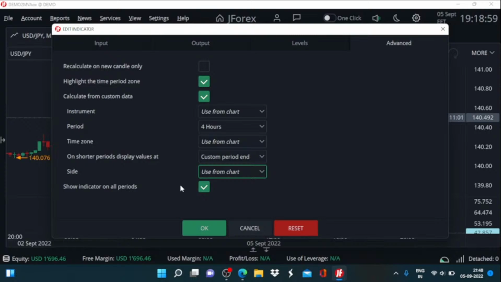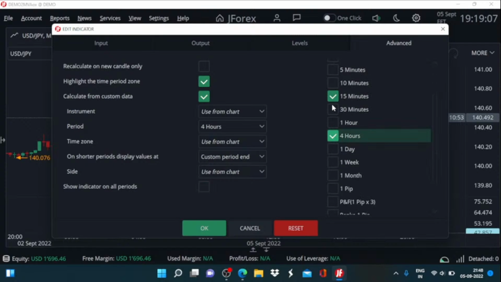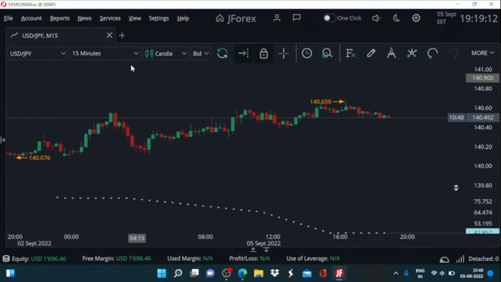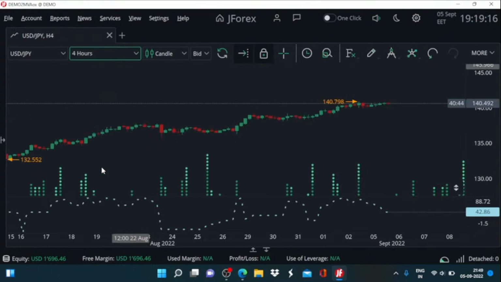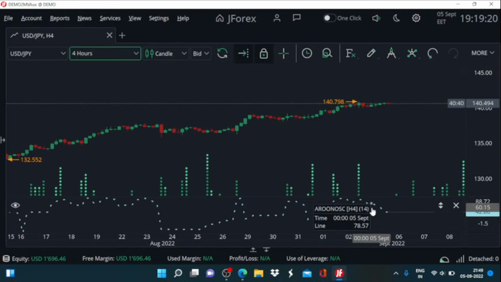If you want the indicator to be shown on all periods, then you have to opt in for this, and if you opt out of this, then you have to specify on which time frame the indicator should be visible. Now I have opted for 15 minutes and 4 hourly. So only on the 15 minutes and 4 hourly time frames, the output of this Aroon oscillator will be plotted on the chart.